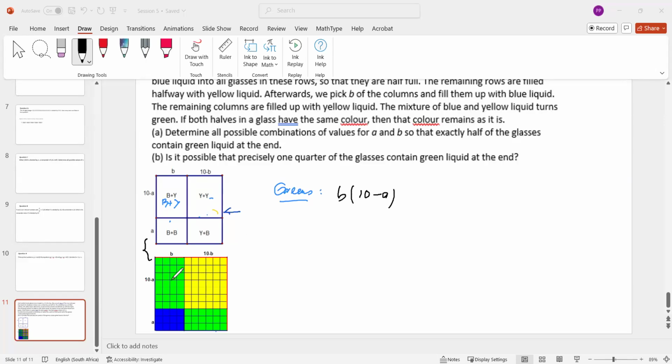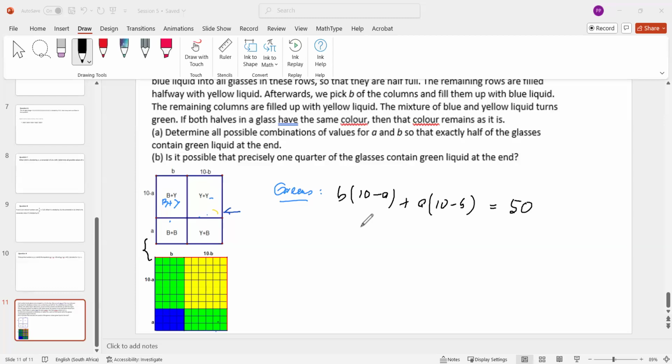Because it's a rectangle. And here you have green as well, but here the rectangle has breadth A and length 10 minus B. And these two together give you exactly half. In other words, it's 50, because there are 100 glasses altogether, and you want these put together to be 50.